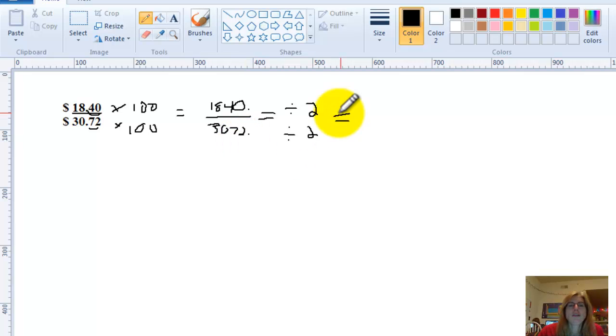So you've got 920, and I saw you had 92 as part of your answer, so you probably made a mistake over here because it should be 920. Whatever you divide by the top, you have to divide the same number by the bottom. You can't choose a different number. So 3072 divided by 2 is 1536.